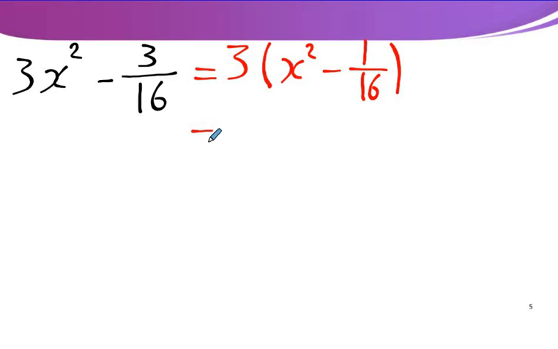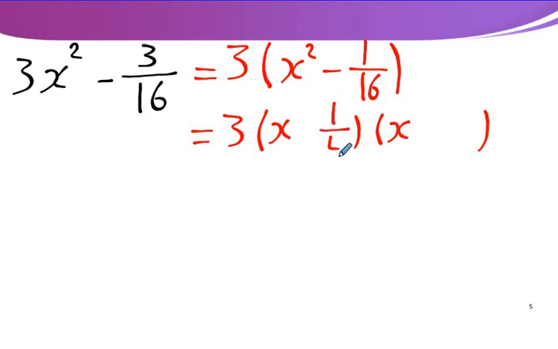This is difference between two squares, so two brackets. x squared will be x and x, 1 over 16 will be 1 over 4 and 1 over 4, positive here and negative here. Another example.